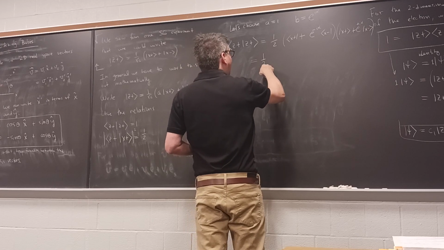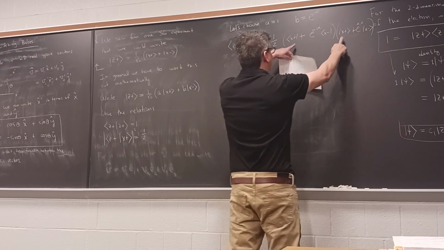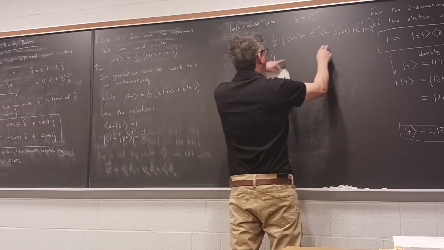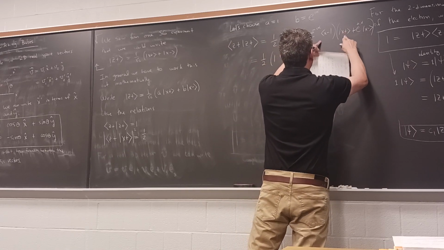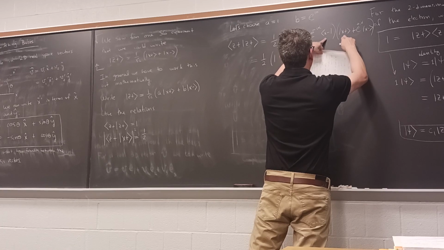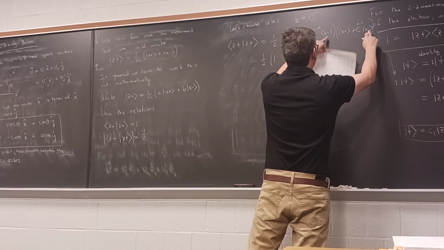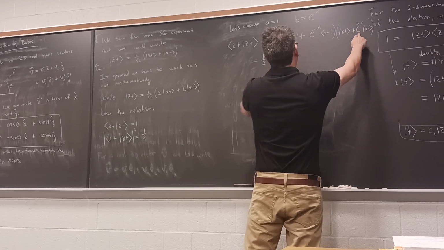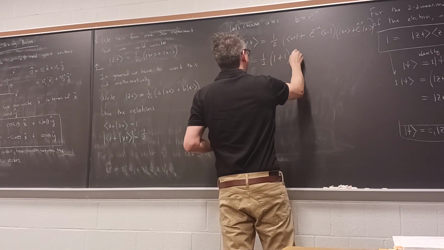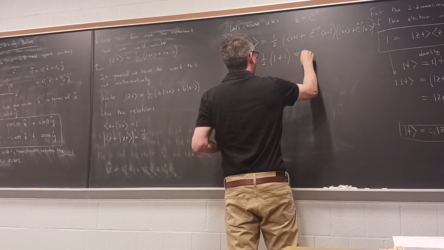Okay, so this will be 1/2, and then from the 2 x pluses, I'll have 1, and then x plus with x minus will give me 0. This x minus with x plus will give me 0, and then x minus with x minus, I'll have e to the i alpha times e to the minus i alpha. That's just 1, so this will give me 1.